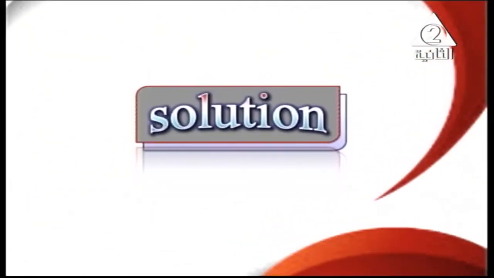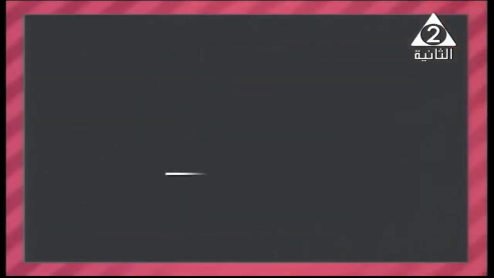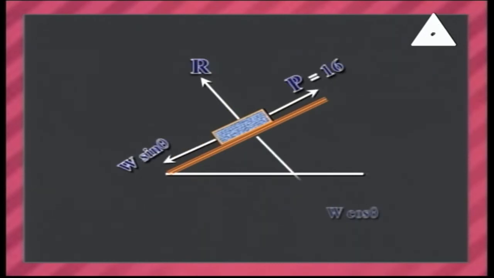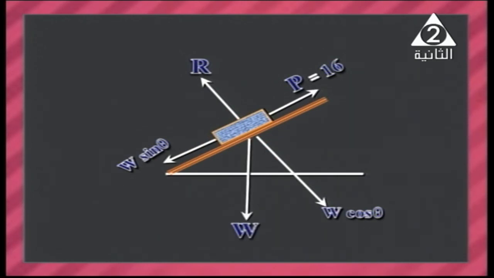Look at the solution, my dear students. The body lies on the plane inclined to the horizontal by angle theta. The body has weight W. We resolve W into W cosine theta and W sine theta.